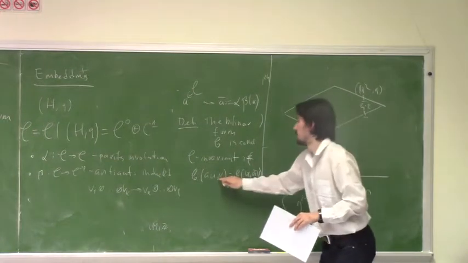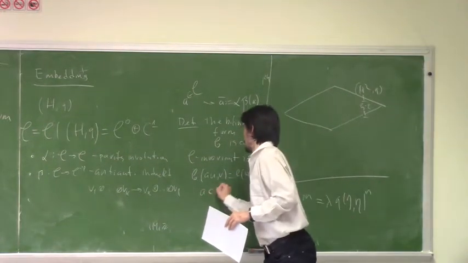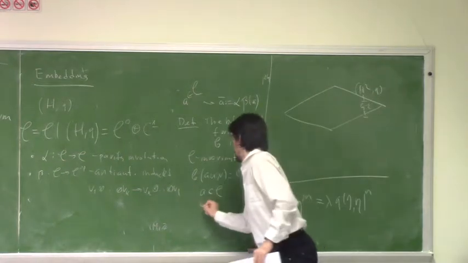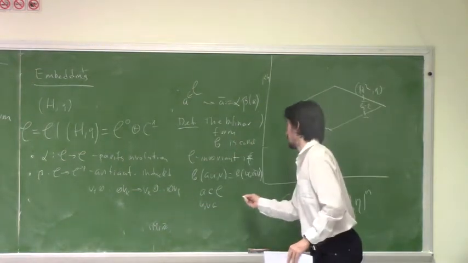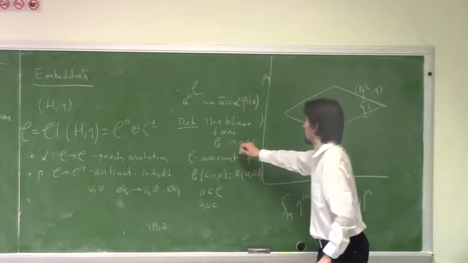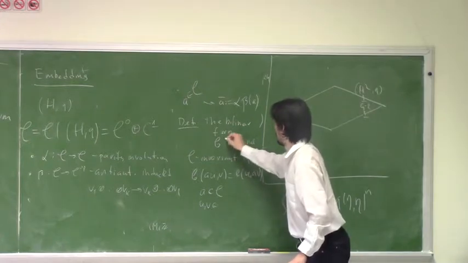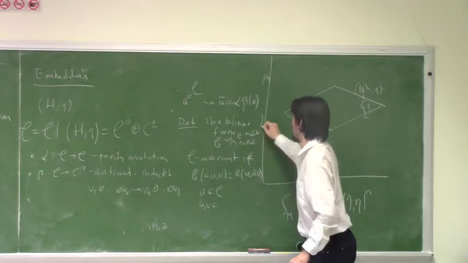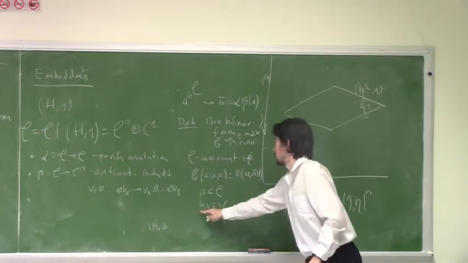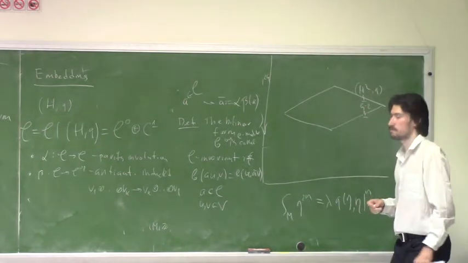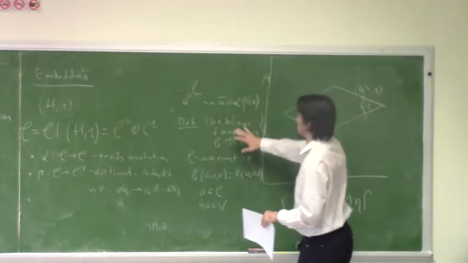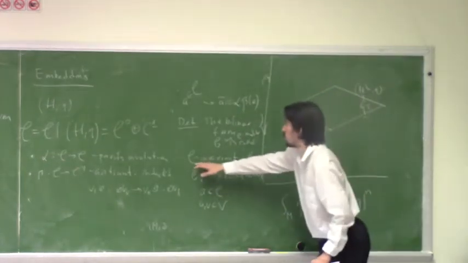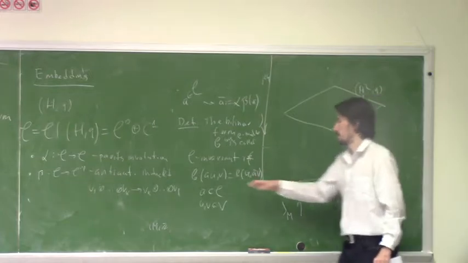So a is an element of the Clifford algebra, and u and v are elements of V, the left Clifford module, with a bilinear form on it. So we say a bilinear form is C-invariant when we have the following.